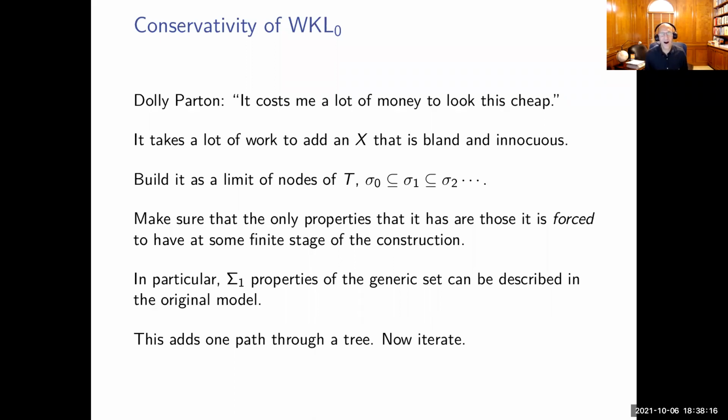If you do that, then a Sigma_1 property of the thing at the end has to be there because of something in the construction, and that's something you can describe in terms of the original model. That adds one path through a tree, and then you just keep going, just keep adding them.